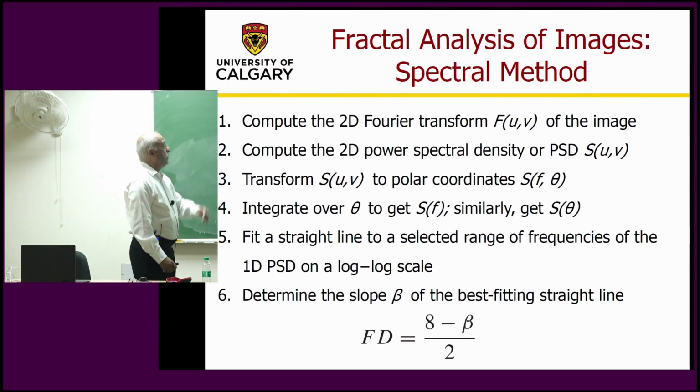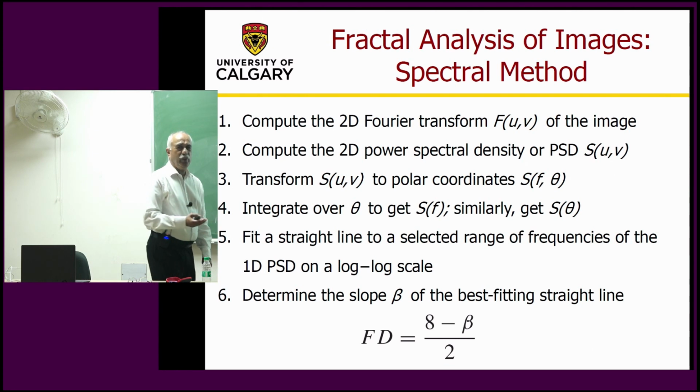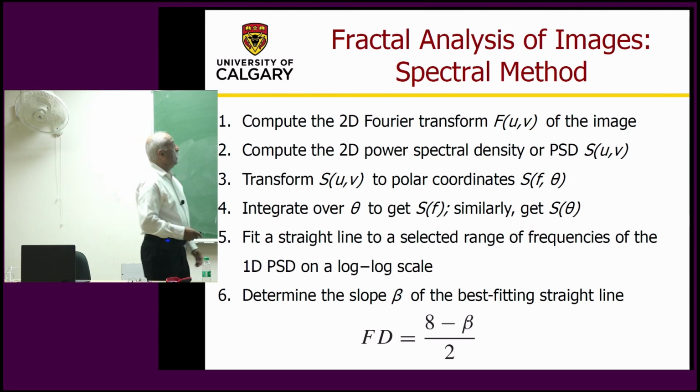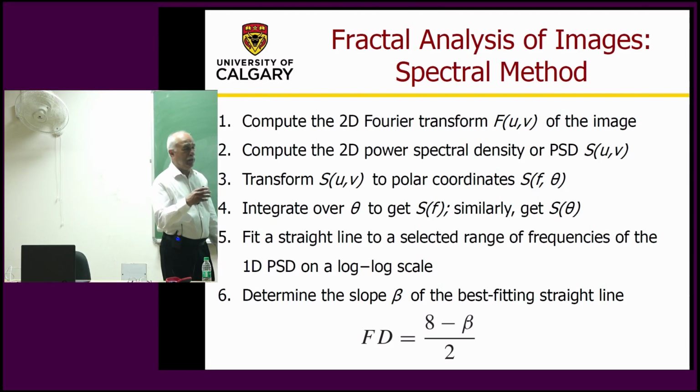So compute the 2D Fourier transform F(u,v), compute the 2D power spectral density S(u,v), magnitude squared, transform S(u,v) to polar coordinates S(f,θ) or S(r,θ), whatever you want to call it. Integrate over θ to get S(f), similarly get S(θ) by integrating on f.